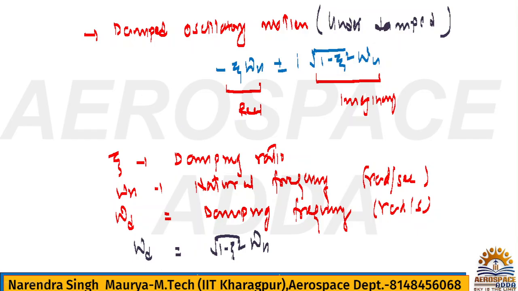Root 1 minus xi square omega n is also the damping frequency, not natural, and this is minus xi omega n. So if you check the first minus xi omega n, what is it? Higher value. So obviously omega n will also be higher. And if this real part is small, it means omega n is small. If omega n is small, it means time period is high. If time period is high, it becomes a long period oscillation.